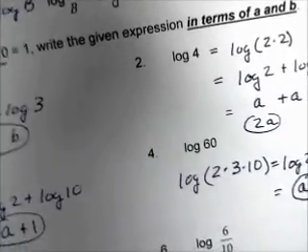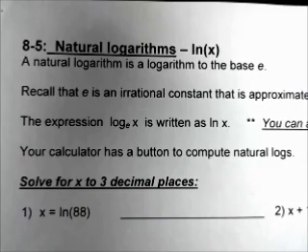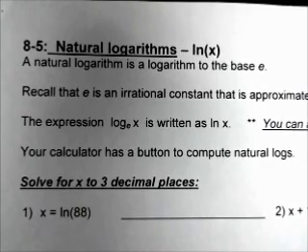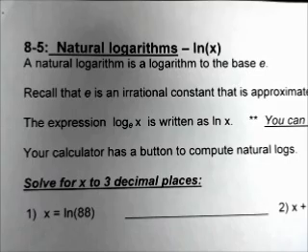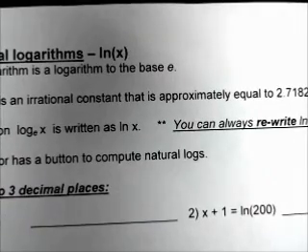Now going on to the next page, which is a natural log. Natural log, or ln of x. A natural logarithm is a logarithm to the base e. Recall that e is an irrational constant that is approximately equal to the decimal 2.718281828, and it continues.